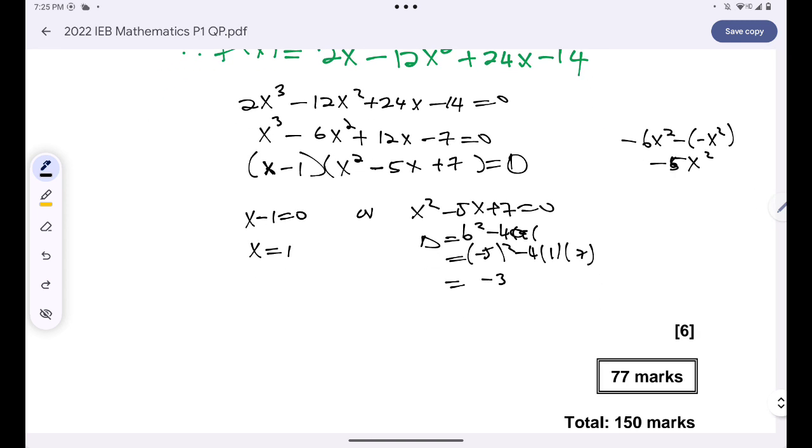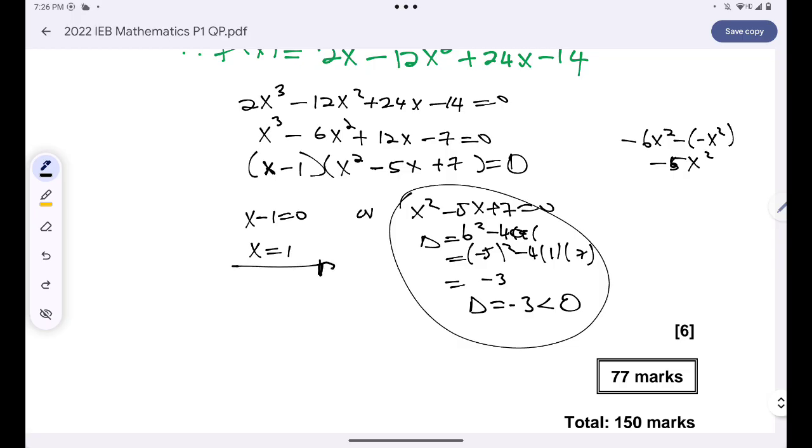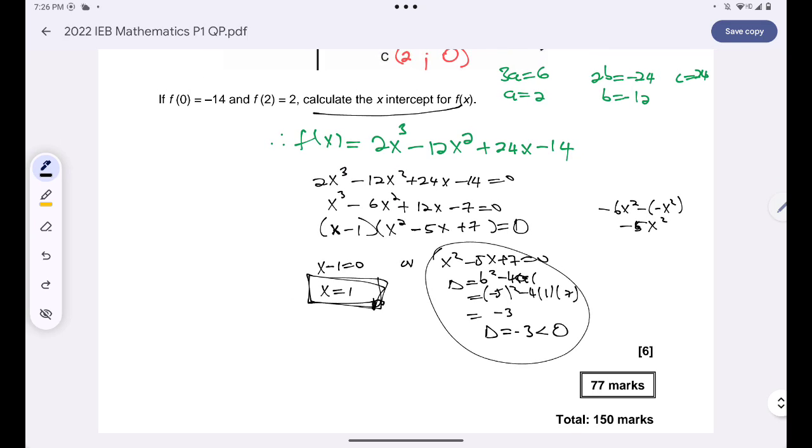So my delta is equal to negative 3, which is less than 0. So I don't have real solutions. So the only x-intercept that we have is this one. So if we draw our graph, it will look something like this.